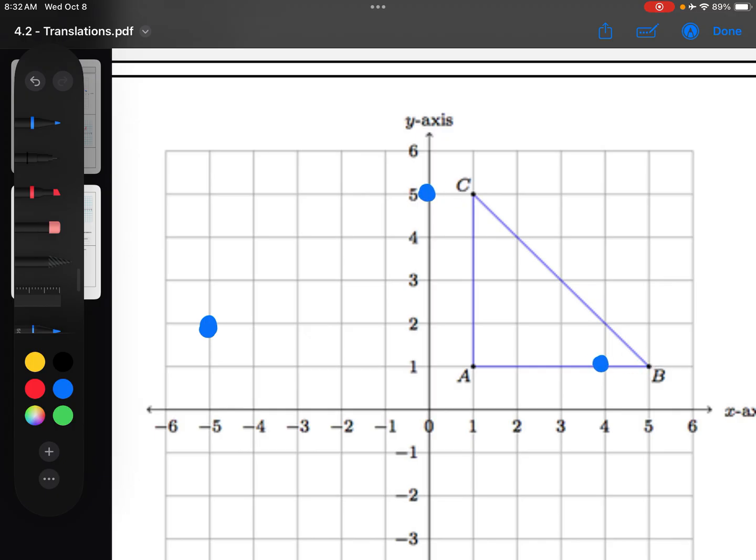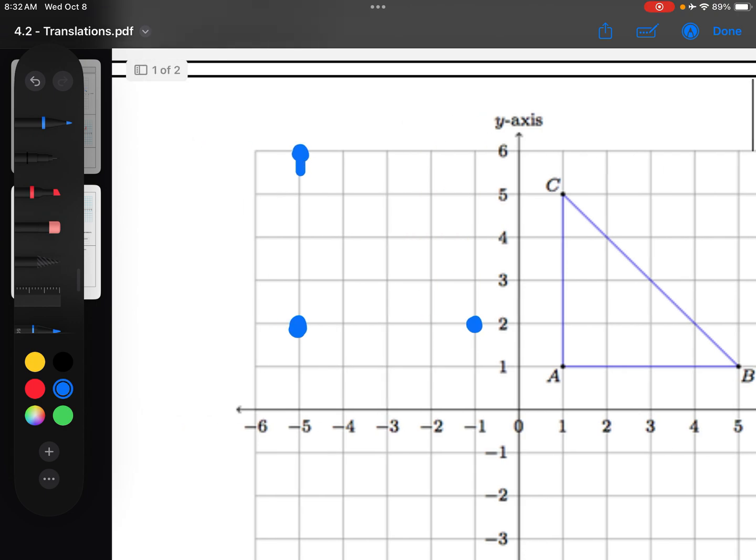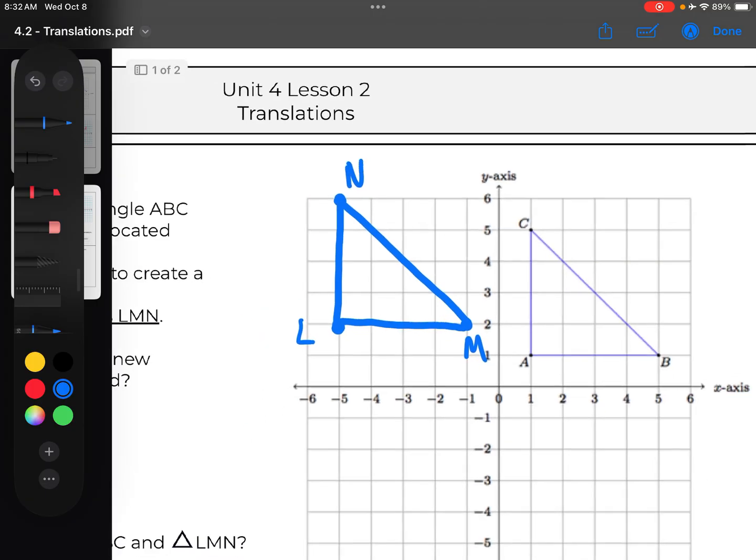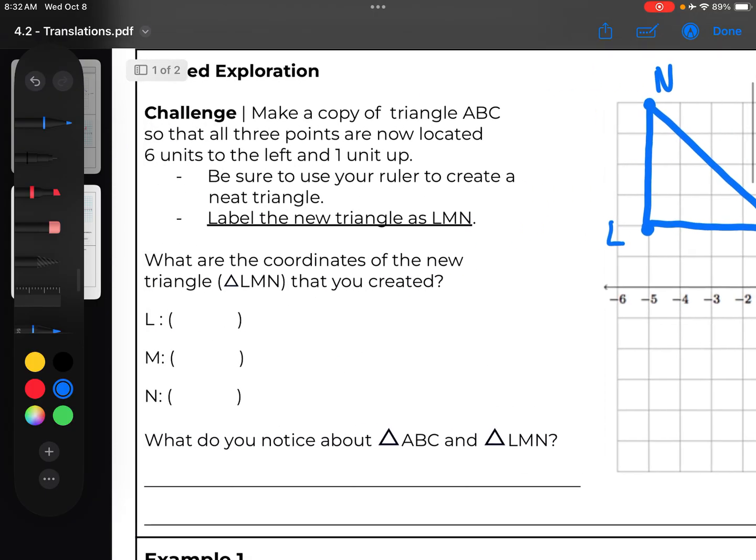So we are going to move 1, 2, 3, 4, 5, 6, and then 1 up, and these will be our new points. They want us to take triangle ABC and relabel it as triangle LMN. So that is our new triangle.